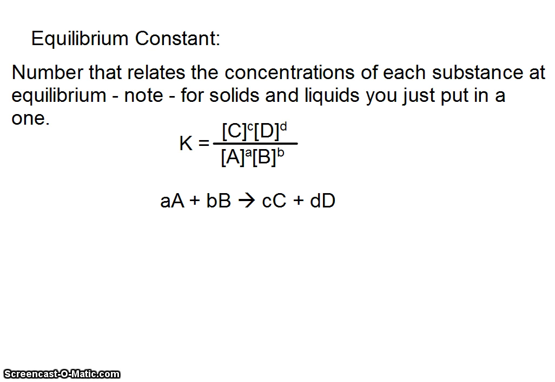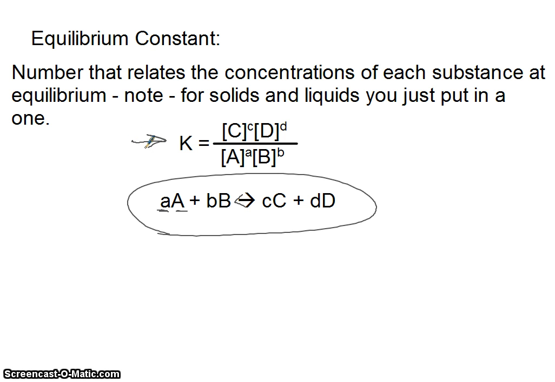If this is my generic reaction, with these as my coefficients, and this A is what substance I'm talking about, then the equilibrium constant, the way that everything will be related to each other at equilibrium, will be given by this equation.